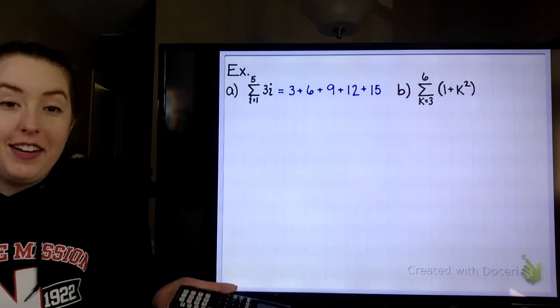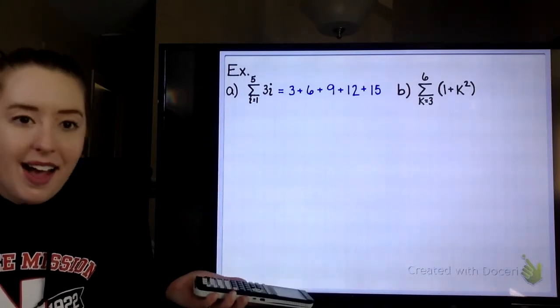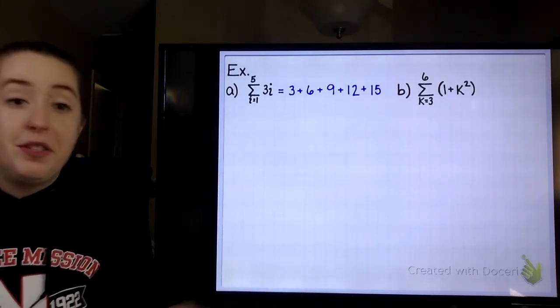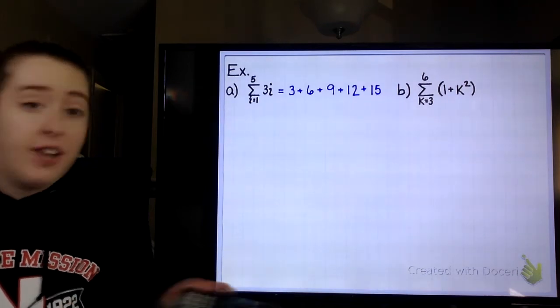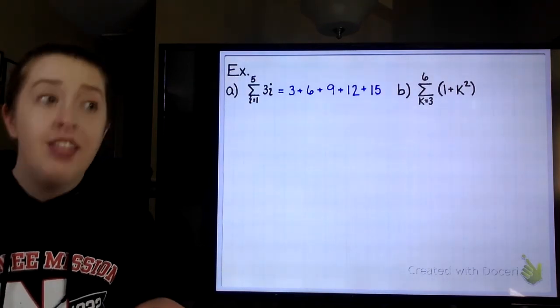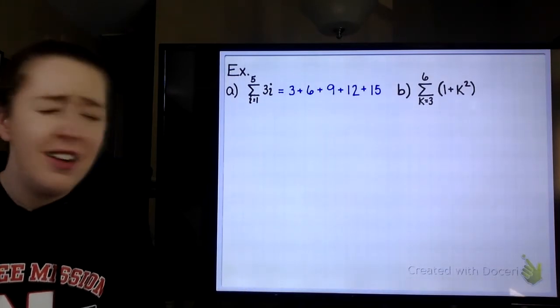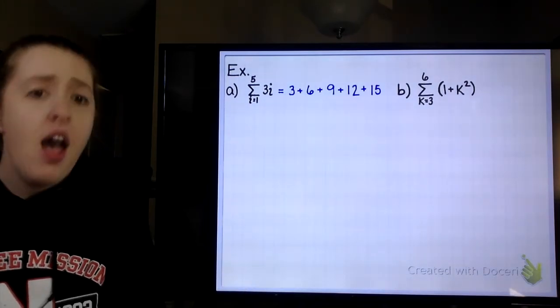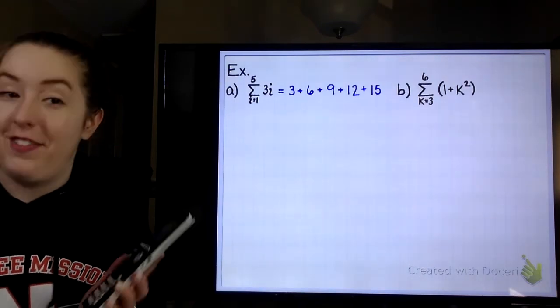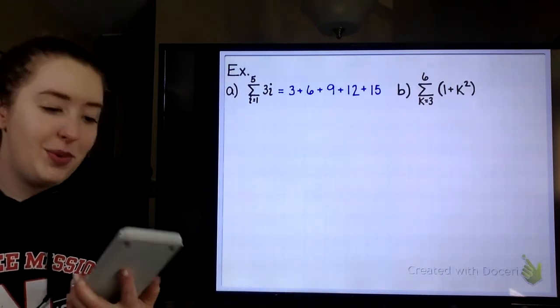If you want your variable to be i, pick i. If you want your variable to be j, or the first letter of your first name is an m, so you want to use an m, I don't care. Do your thing. However, I am so used to my variables being x's, so that's what I'm going to use.